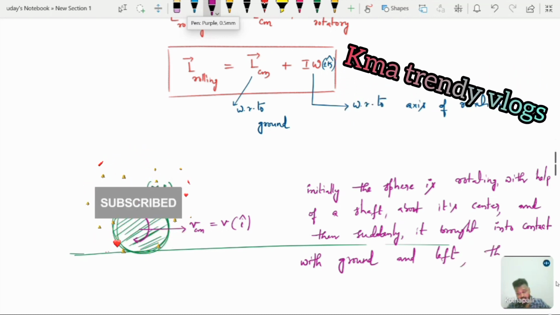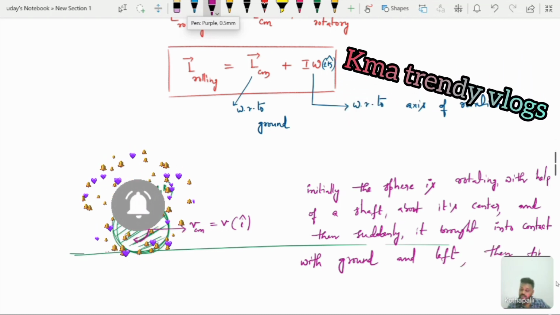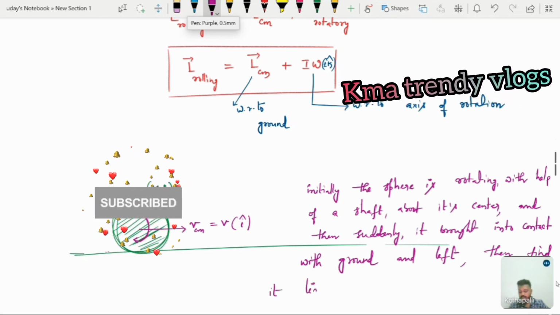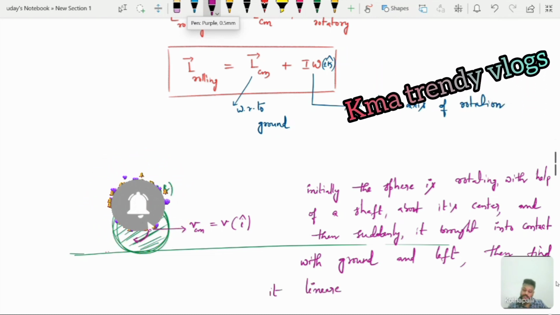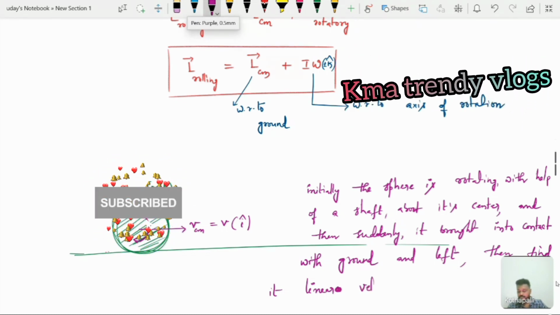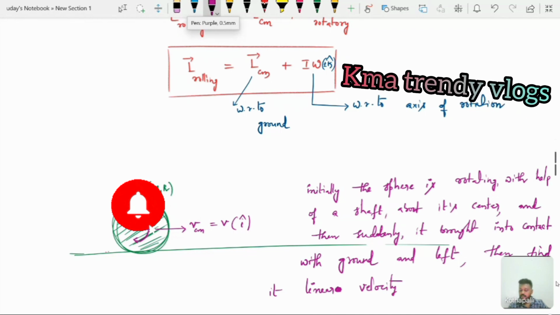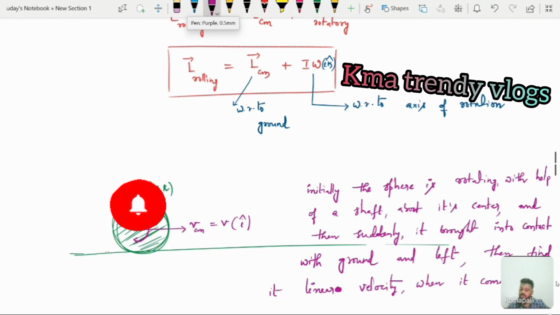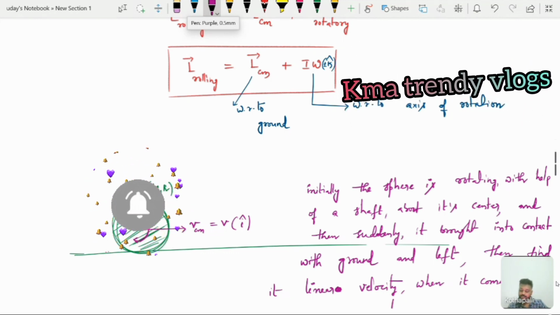Then find its linear velocity when it comes into pure rolling.